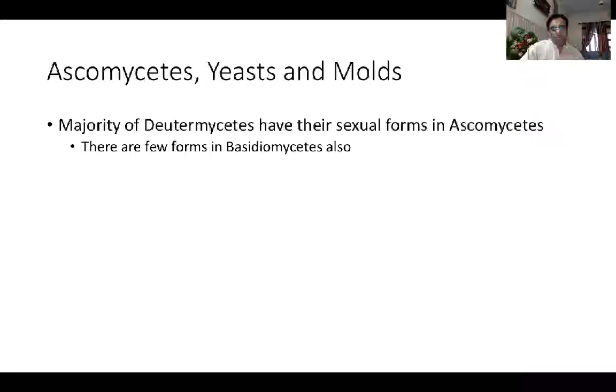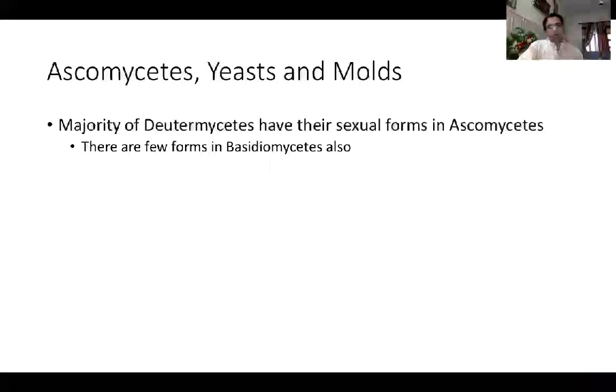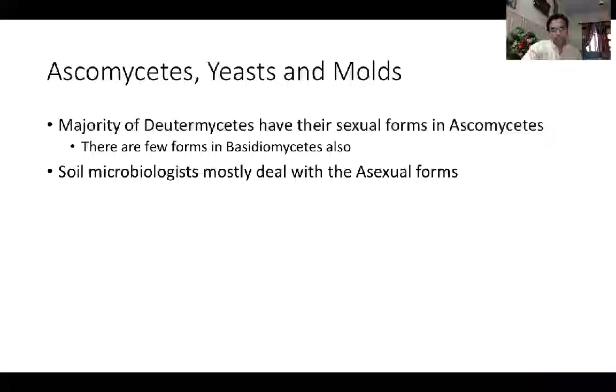The majority of Deuteromycetes have their sexual forms in Ascomycetes, as I have already given two examples, Trichoderma and Aspergillus. However, all of them are not Ascomycetes. Some belong to Basidiomycetes also. So we will be discussing Basidiomycetes later on in our coming slides.